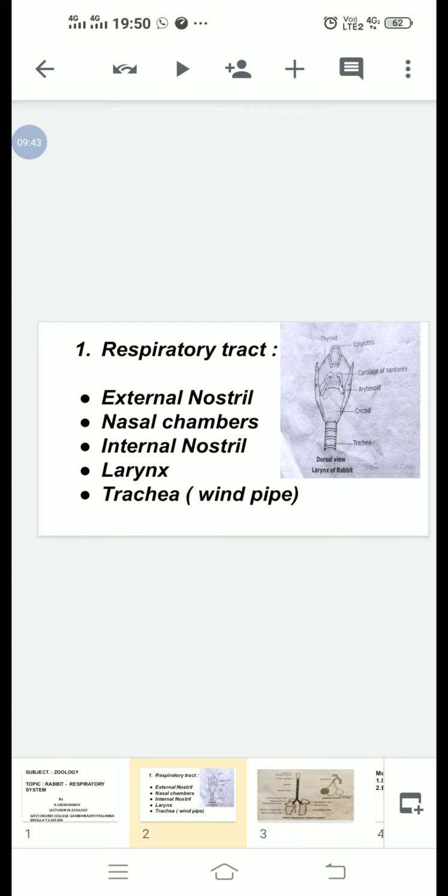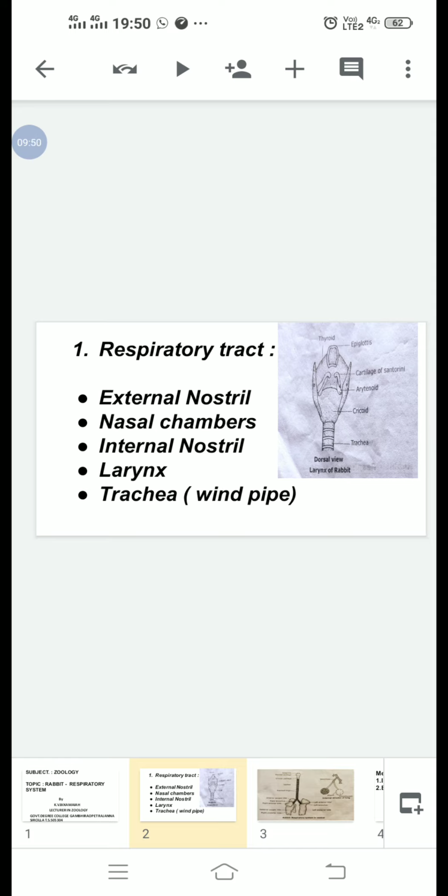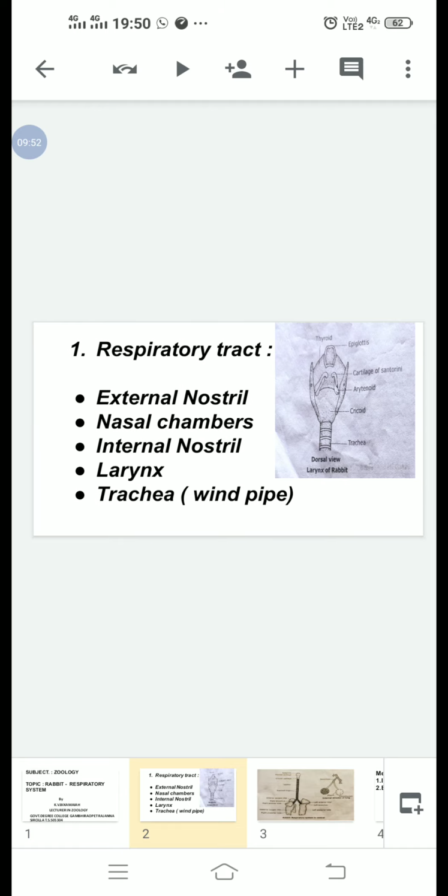Each primary bronchus enters the corresponding lung and divides into secondary bronchi that further divide into tertiary bronchi.